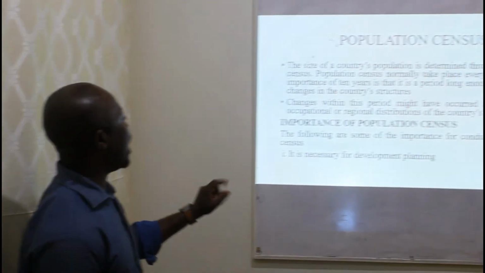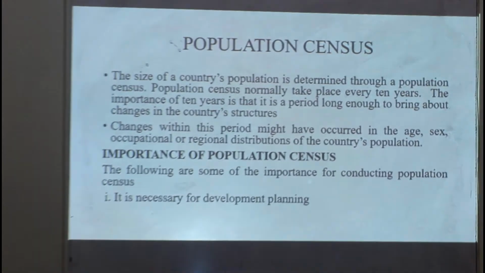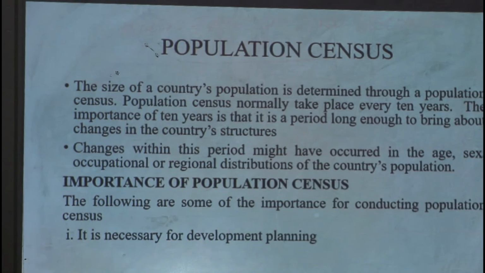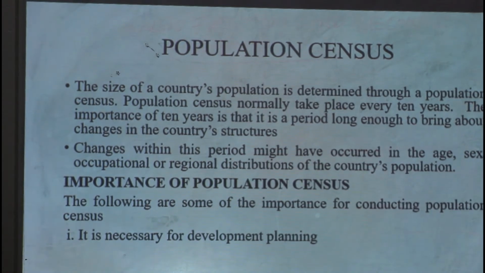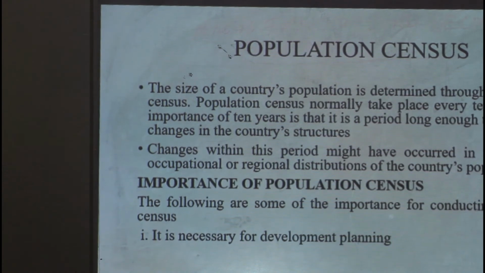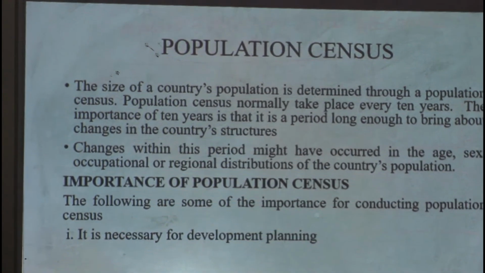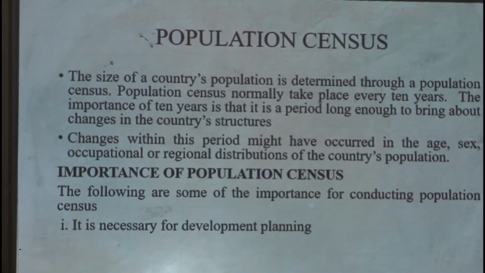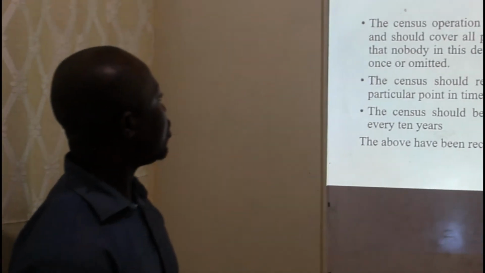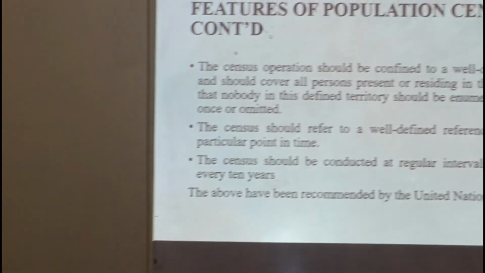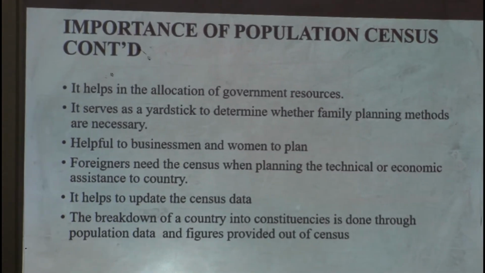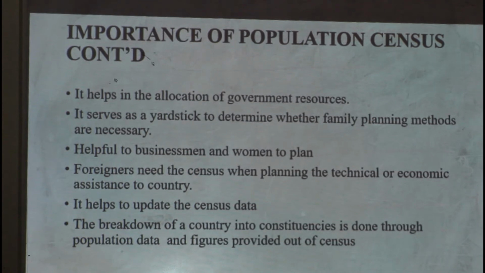Now, quickly, let's look at the importance of population census. We are saying that it is very, very important for planning. So governments need data on the population to plan on development, plan on schools, plan on hospitals, roads, etc. Then we say that it also helps in allocation of resources.